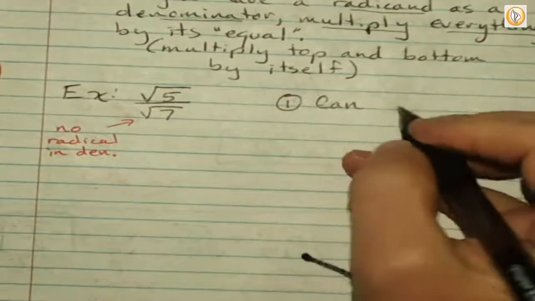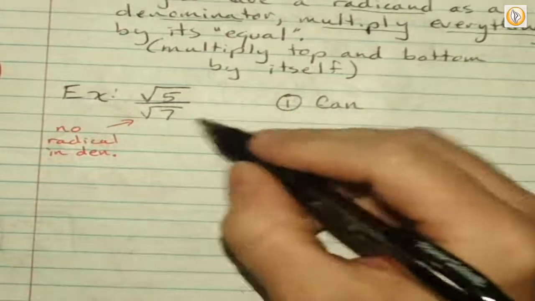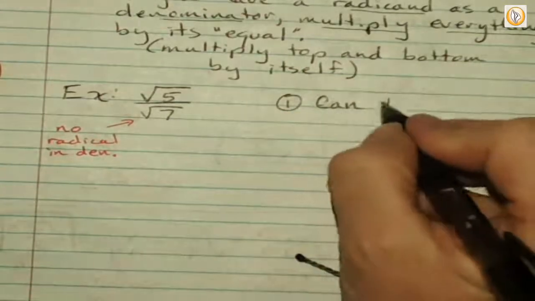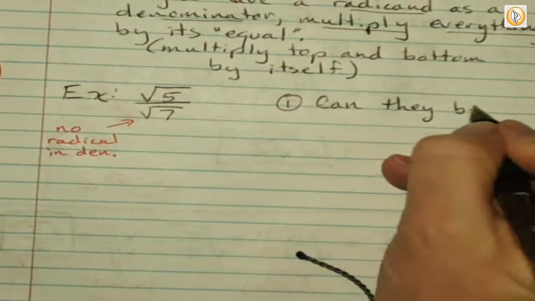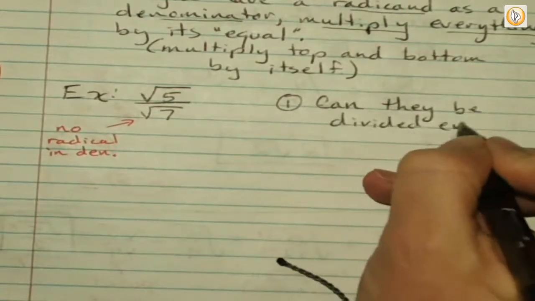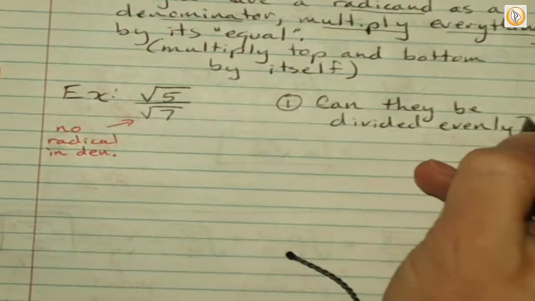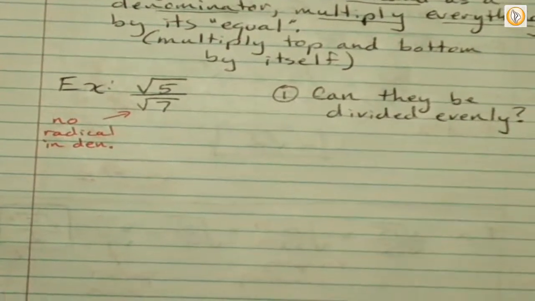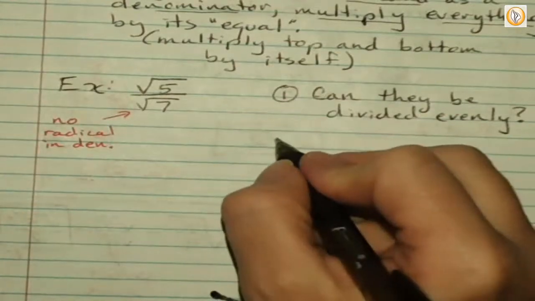First question, bless you. Before you do anything, you ask, can they be divided evenly? Like our very first example. So, Miranda, can these be divided evenly? No. Second question.